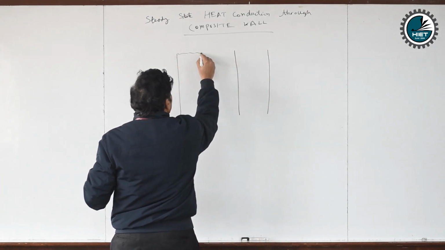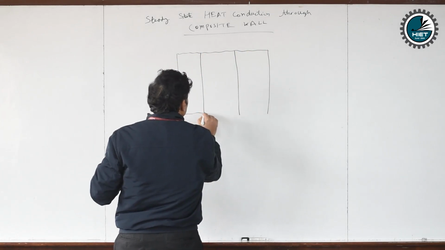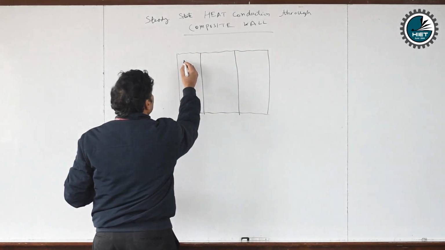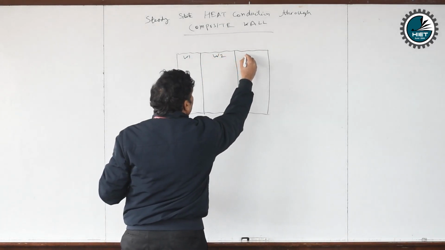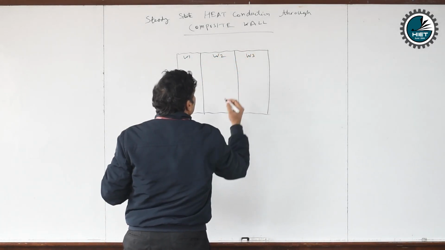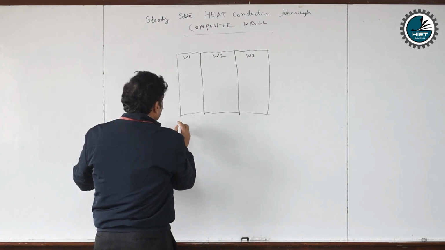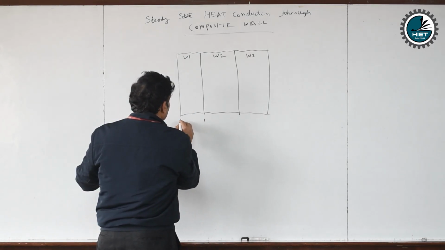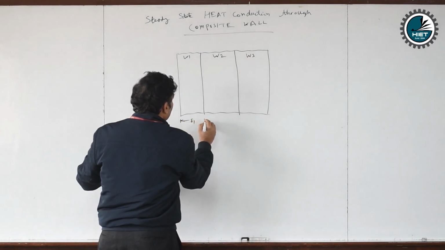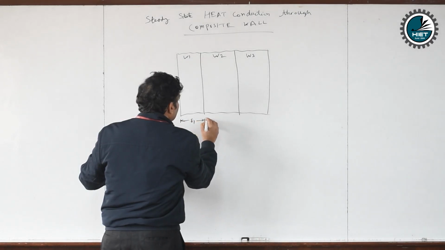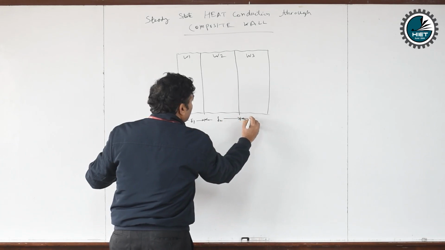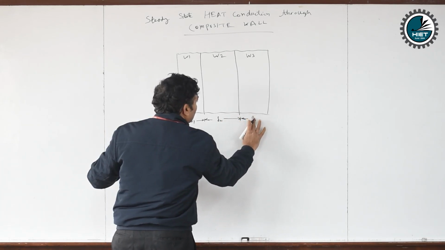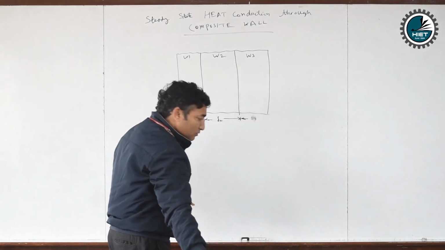So I am going to assign the values. W1 is wall 1, W2 is wall 2, and W3 is wall 3. Take thickness as delta 1. Del 1 is the thickness of wall 1, del 2 is the thickness of wall 2, and del 3 is the thickness of wall 3.